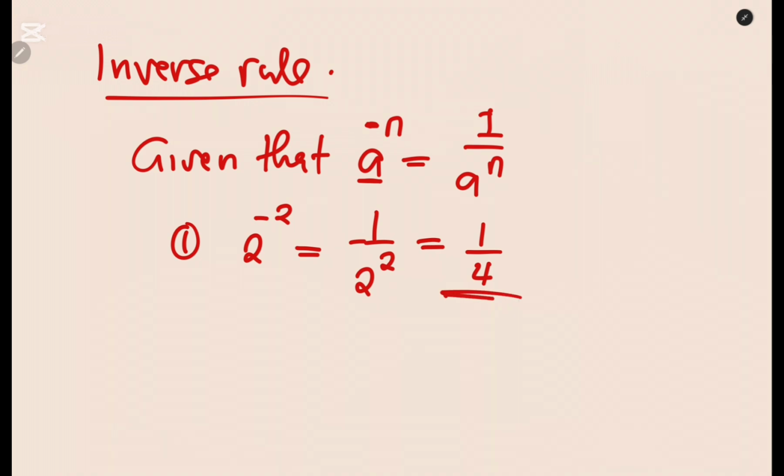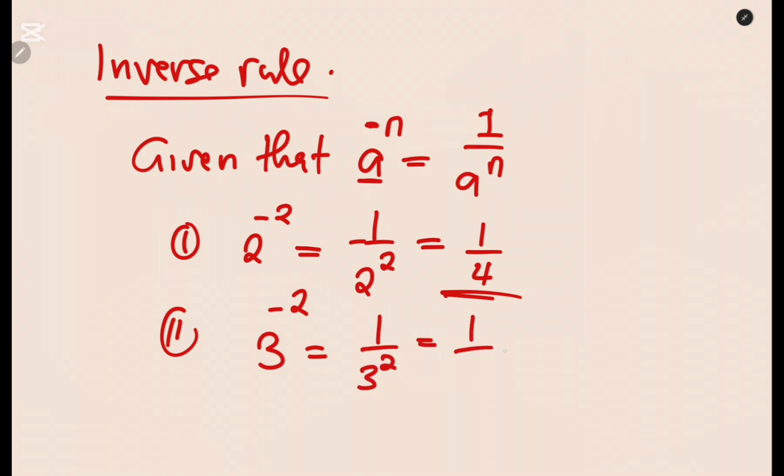All right, one more example. Let us say 3 to the power negative 2. This is just the same as 1 over 3 to the power 2, which is 1 over 3 multiplied by 3, which is just the same as 1 over 9.